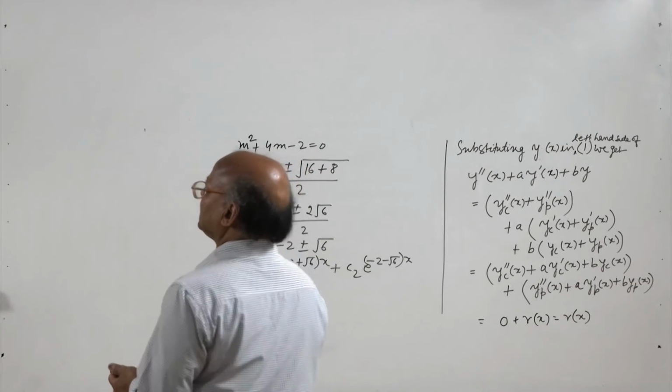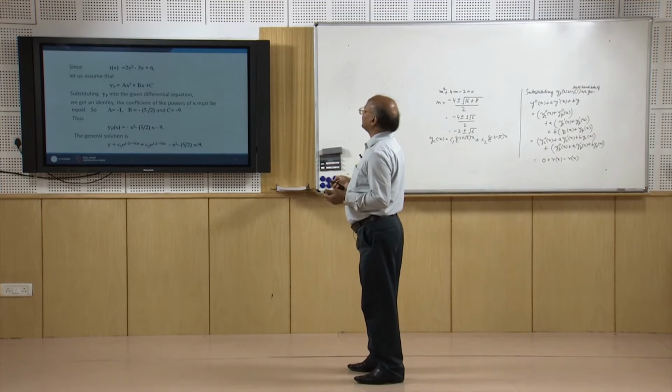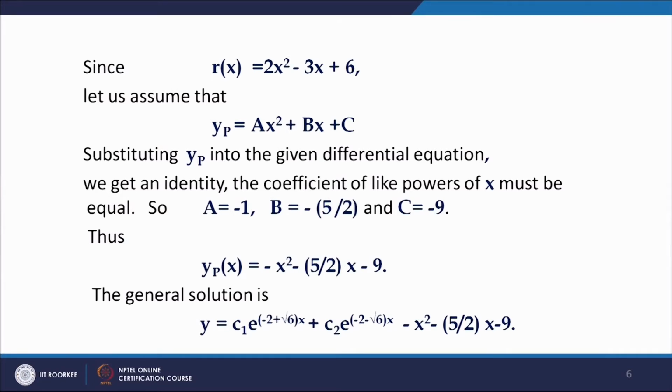Now, since R(x) is equal to 2x square minus 3x plus 6, which is a polynomial of degree 2, let us assume y_p(x) to be equal to ax square plus bx plus c, a polynomial in x of degree 2, where a, b, c are undetermined coefficients.